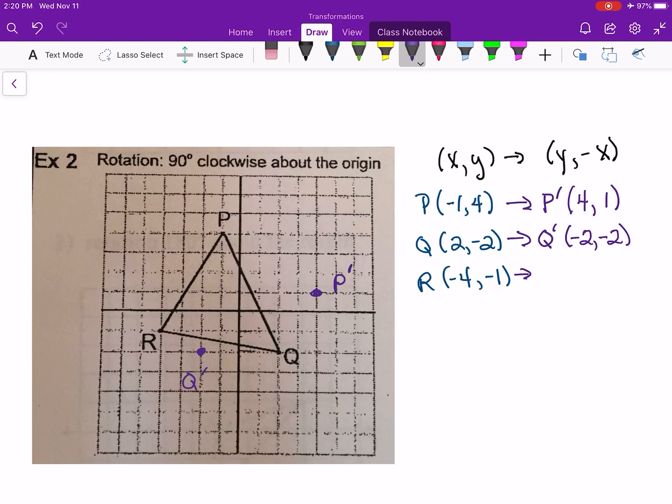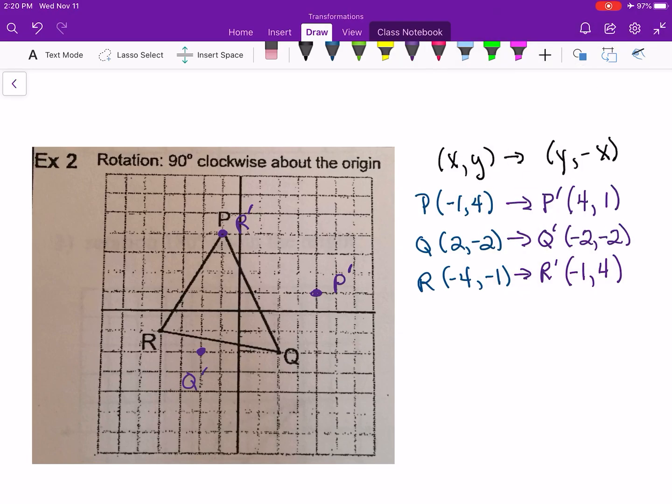And then finally R prime, the original y is negative 1, and the opposite of the original x is a positive 4, and we graph that point, negative 1, 1, 2, 3, 4. That's interesting. The new R prime falls right on top of the old P, and that's okay.